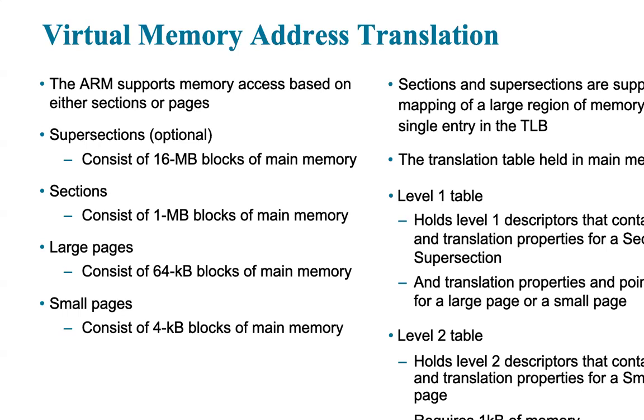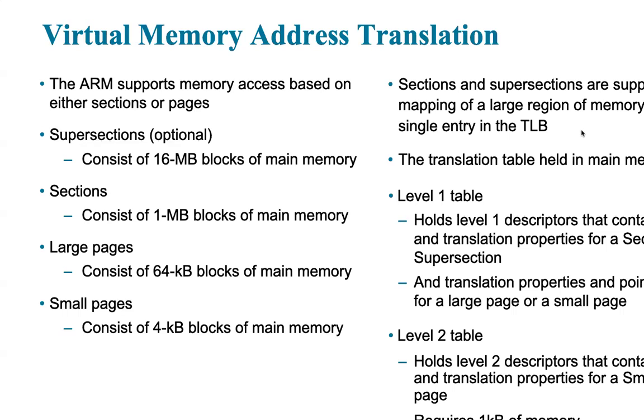The ARM supports memory access based on either sections or pages. You can either have supersections consisting of 16 megabyte blocks, sections consisting of 1 megabyte blocks, large pages, 64 kilobyte blocks, or small pages that are 4 kilobyte blocks.